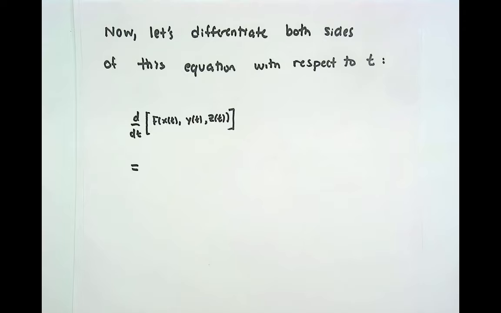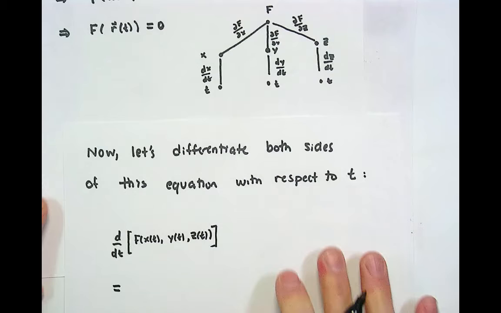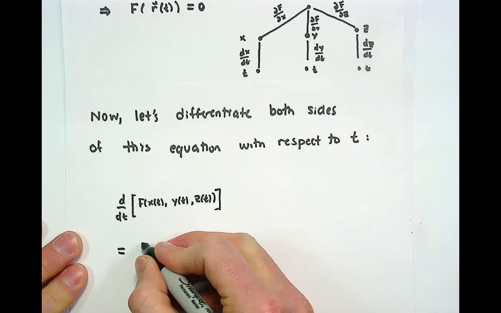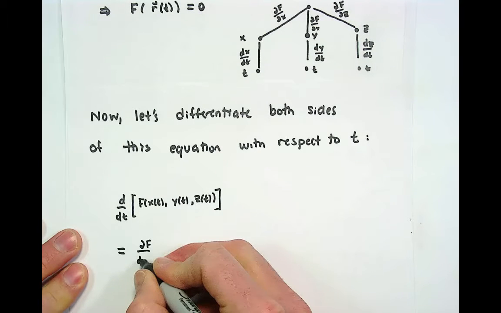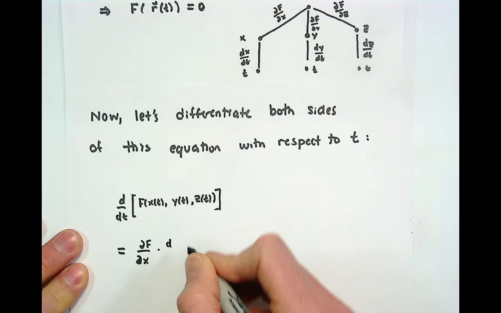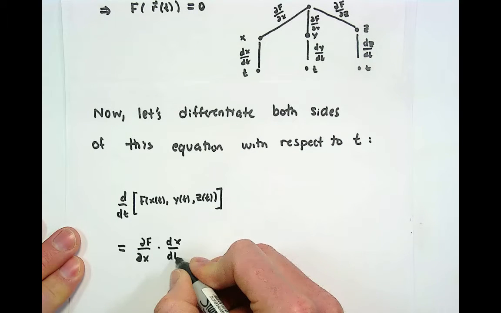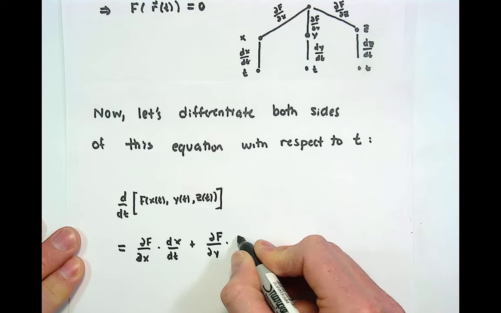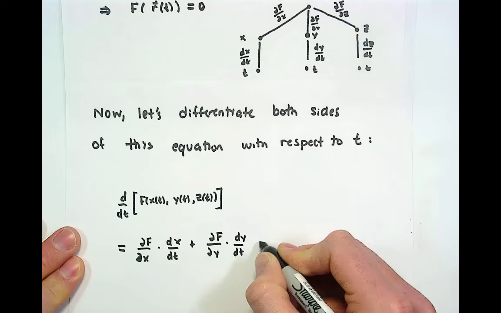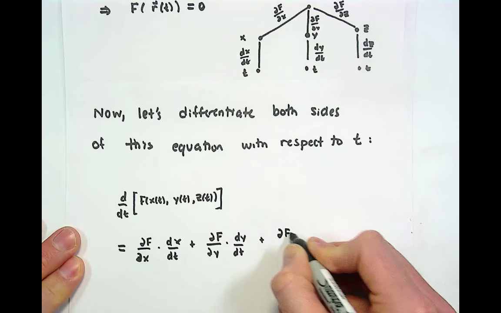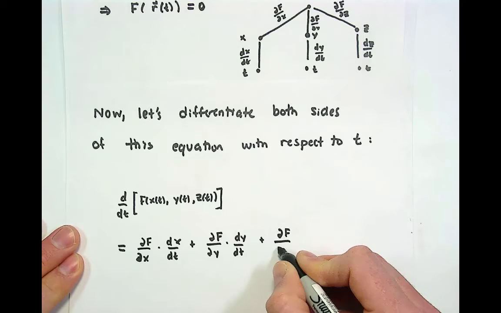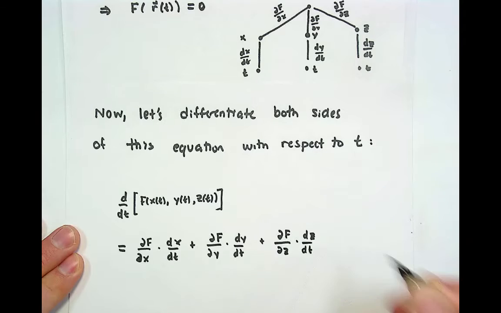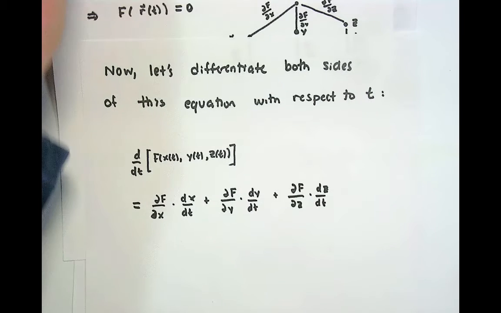Well, we know via the chain rule, let's just remind ourselves, when we take this derivative at a point t, we're going to take the partial derivative of f with respect to x times the ordinary derivative of x with respect to t, and we'll add that to the partial derivative of f with respect to y times the ordinary derivative of y with respect to t. And then finally, we'll take the partial derivative of the surface equation with respect to z, and we'll take the ordinary derivative of z with respect to t, and then we'll add all those products.